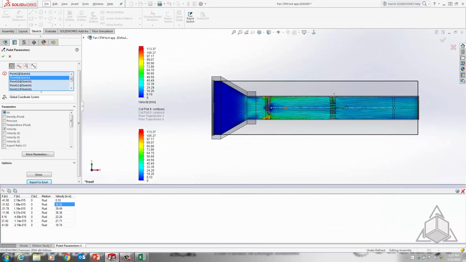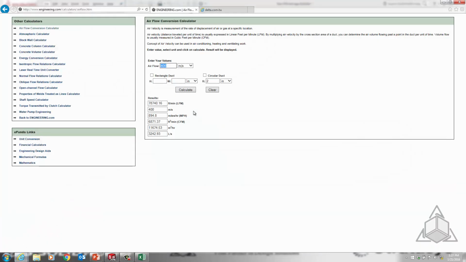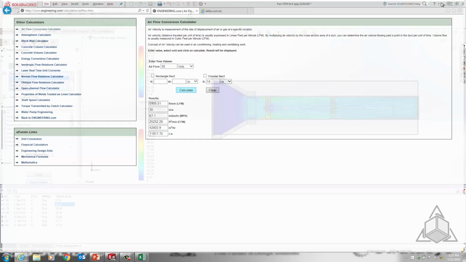So if we look at 30 meters per second, that circular cylinder was 14 inches. So your CFM value would be 25,252, which then you can graph out on that chart.